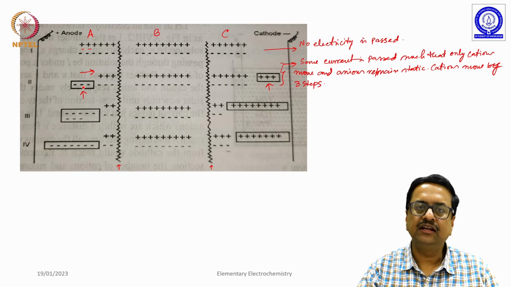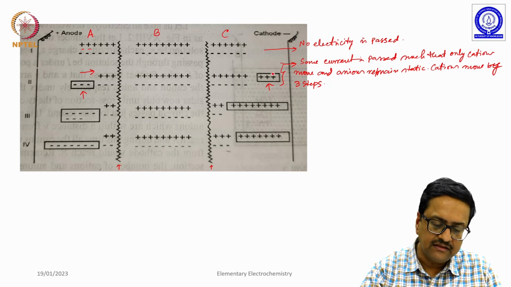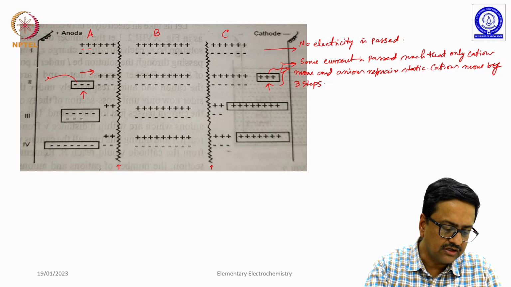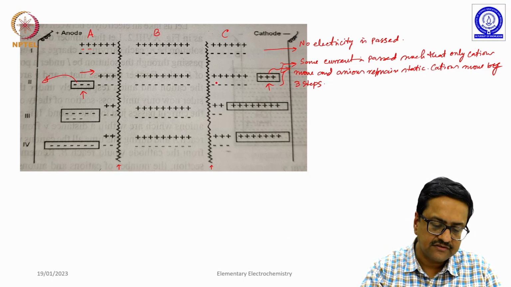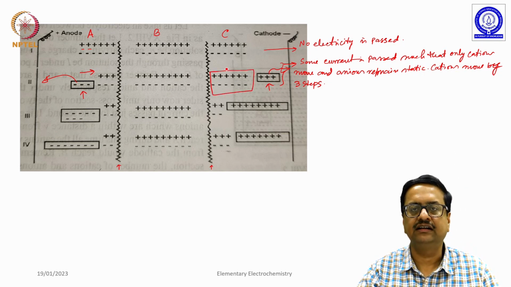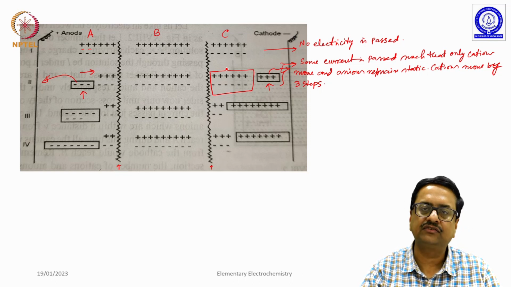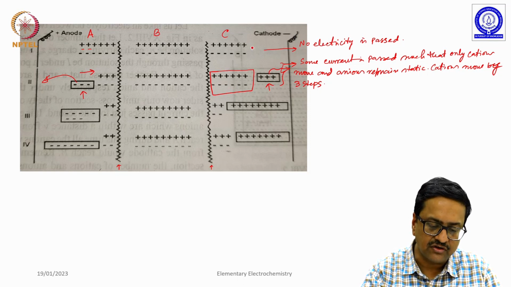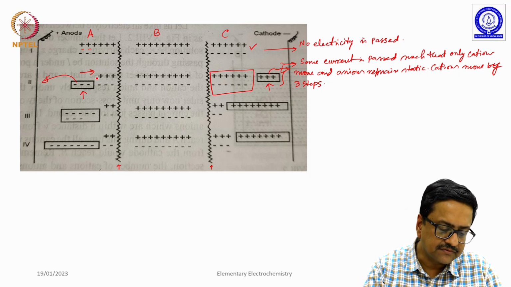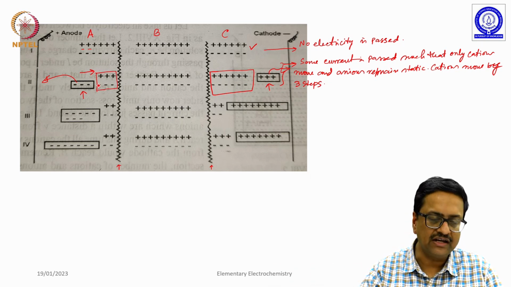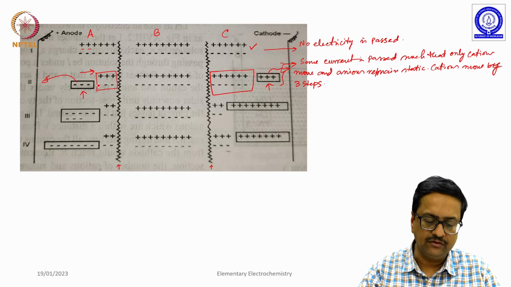To maintain electroneutrality of these chambers, these ions cannot stay like this, they need to get discharged at the corresponding electrodes, and as a result the concentration of the electrolyte in chamber C has not changed, it remained as before, whereas the concentration of cations and anions has reduced in chamber A, which is close to the anode.